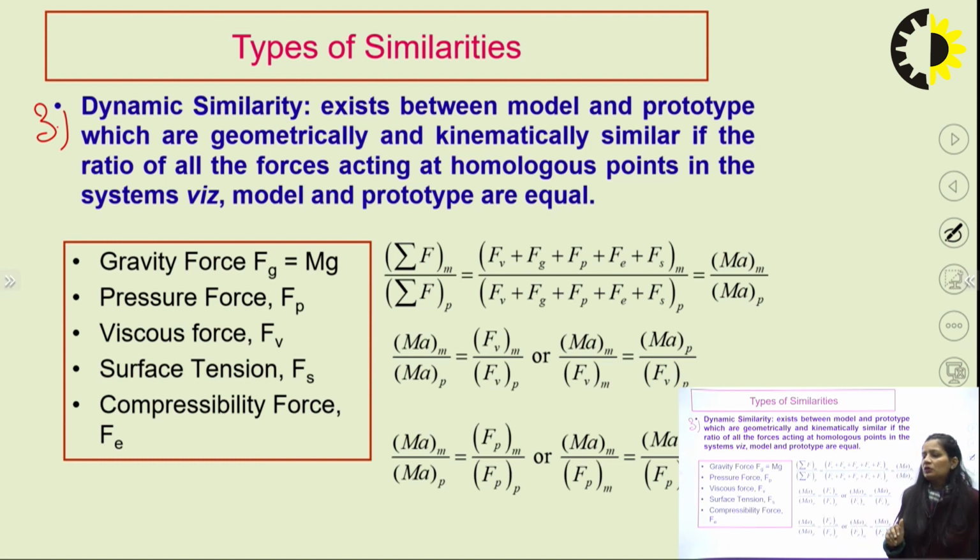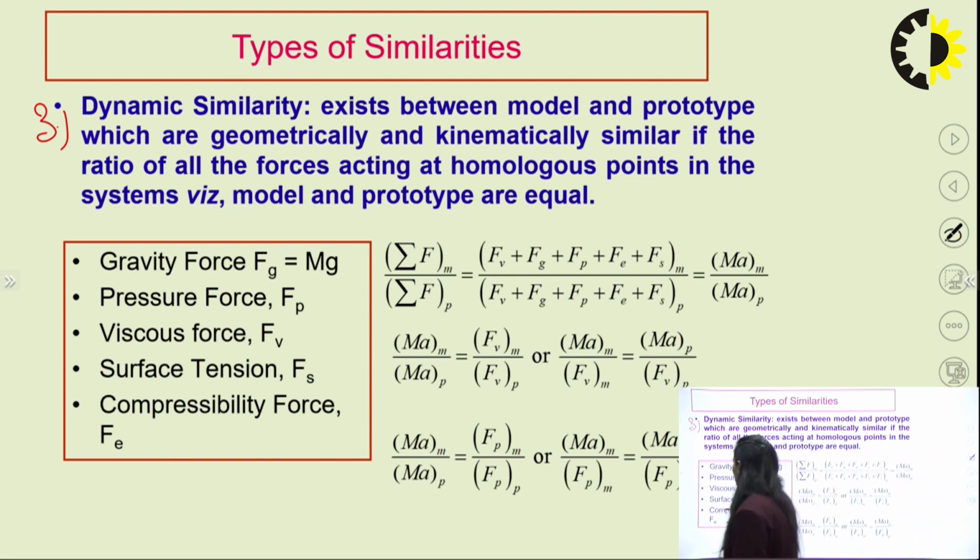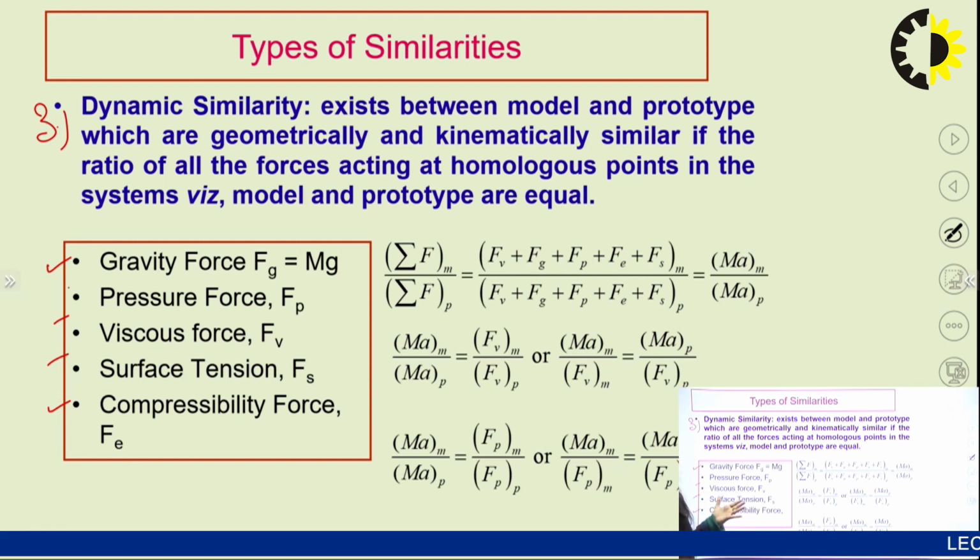When we analyze all these types of forces, we need to understand what kind of force is there. So the types of forces that may be involved are gravity, pressure, viscous, surface, and compressibility force.